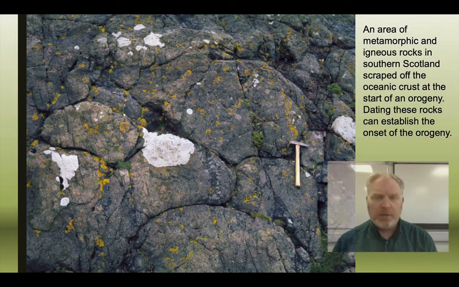Now the Ballantrae Complex is a group of metamorphic and igneous rocks that were originally oceanic crust. When there was a collision of two continents during an orogeny, it got scraped off the oceanic crust and is now part of the continent.